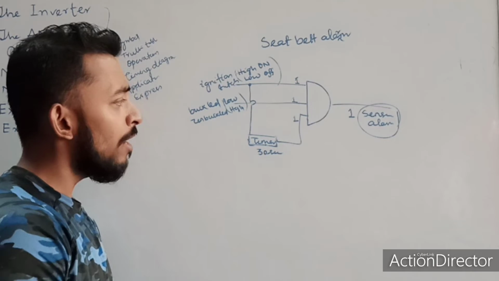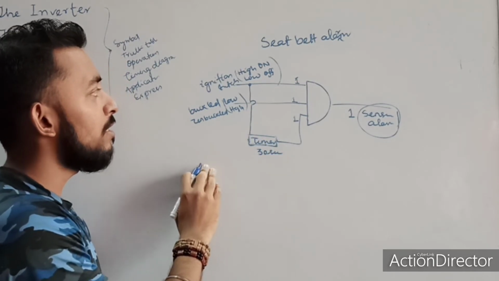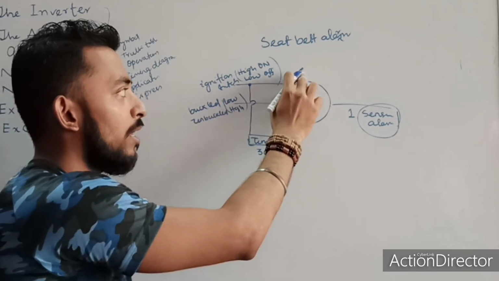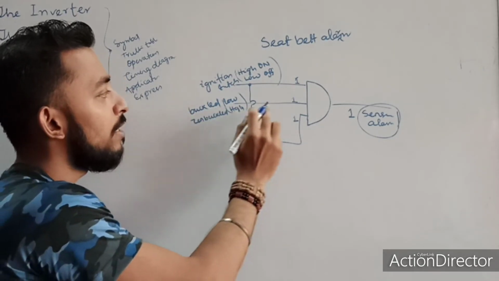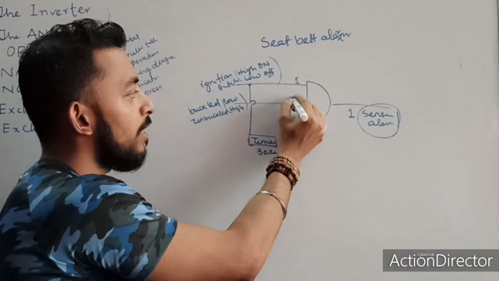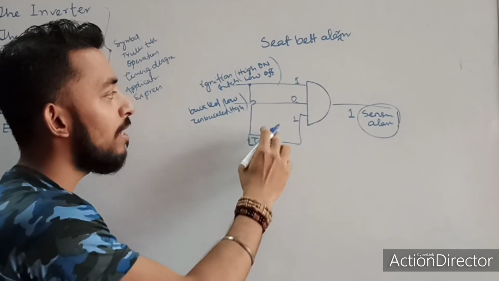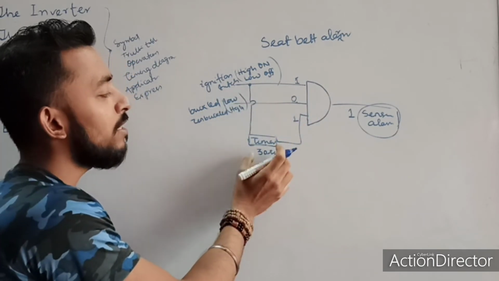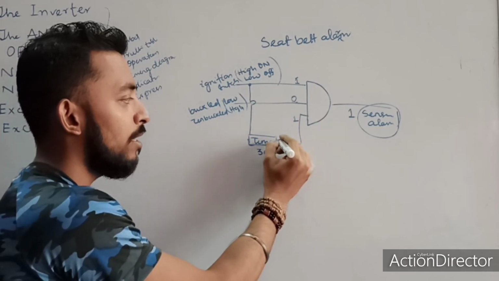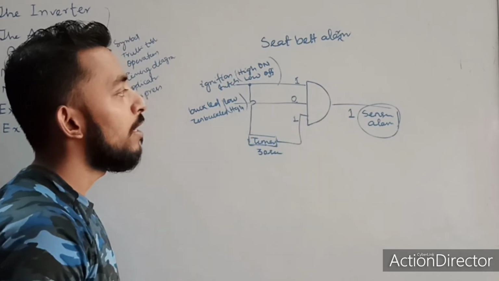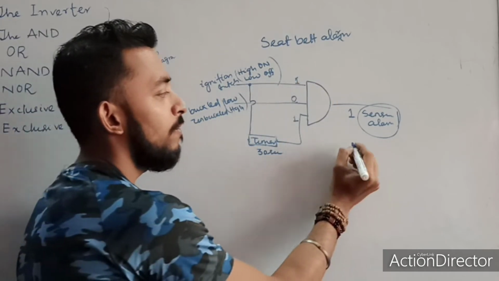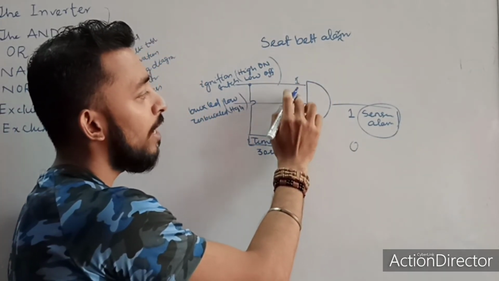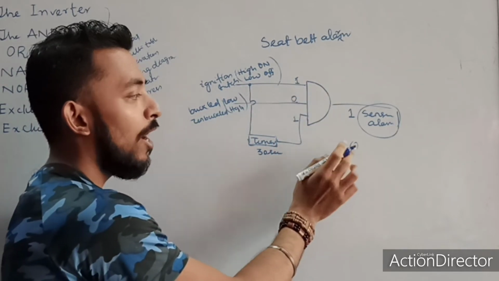Okay, now let's take another instance. When the ignition is on, this is 1, and the driver is very cautious about safety, then he has already buckled, then this output will be low. When he is buckled, it means he already tied the belt, it means it is 0, and after 30 seconds the timer will automatically give me a value 1. Then this 1 0 1, what will be the output of this AND gate? It will become 0, because for an AND gate, if any one input is 0 then the output is 0.